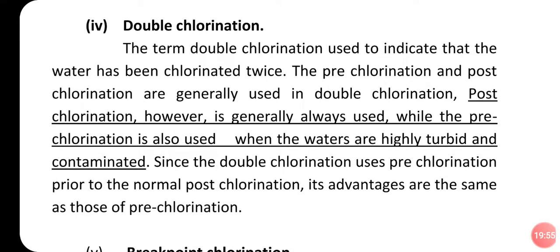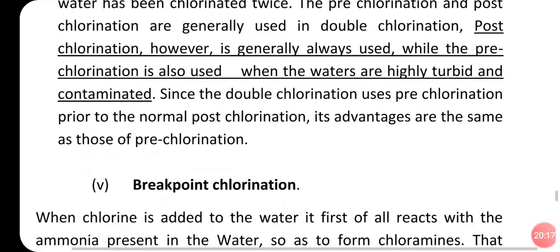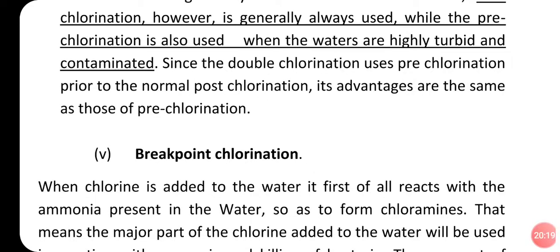It will generally be done in the rainy season only, if the water is very contaminated and more turbidity is there. Along with turbidity, the biological impurities, that is bacteria and virus, will be more in the water. To avoid that, double chlorination will be adopted to have better security. So more safety, the double chlorination.